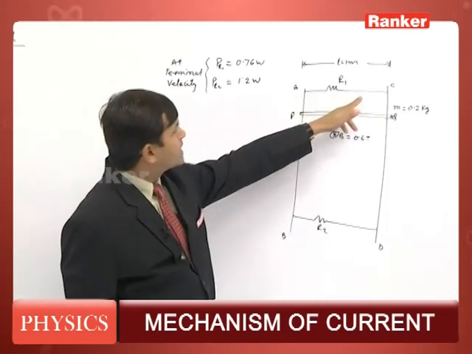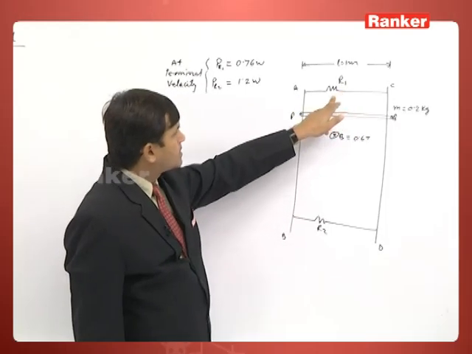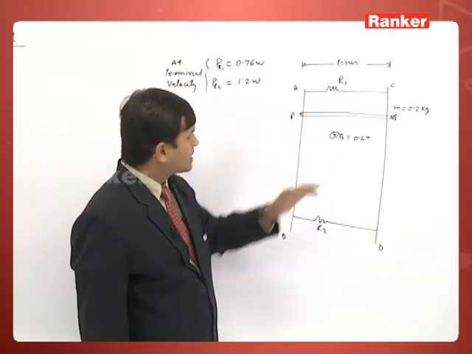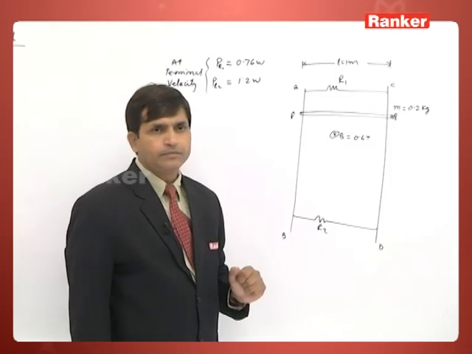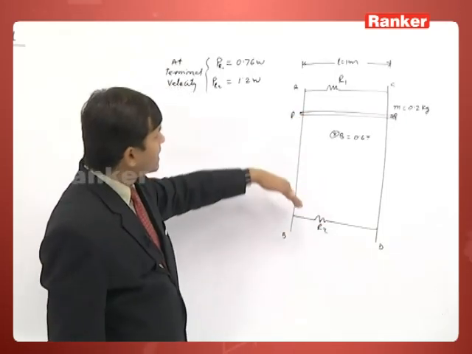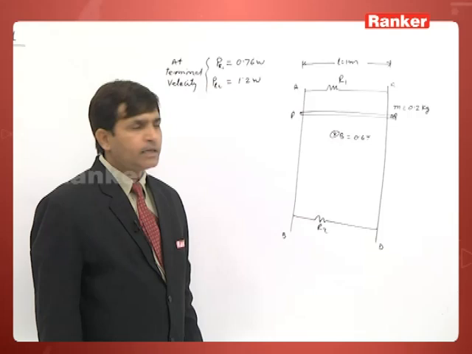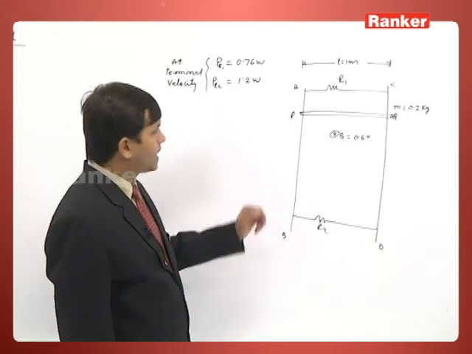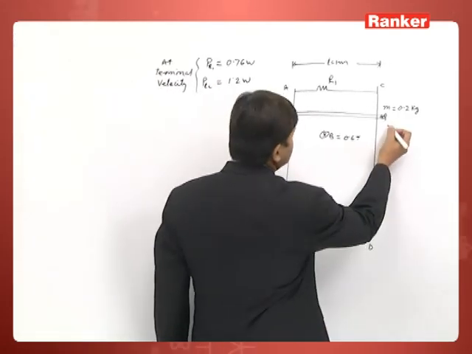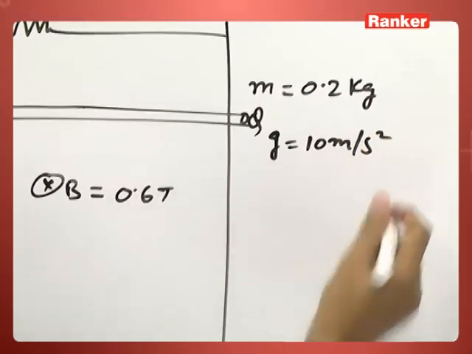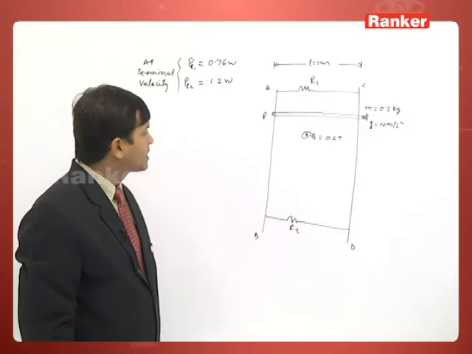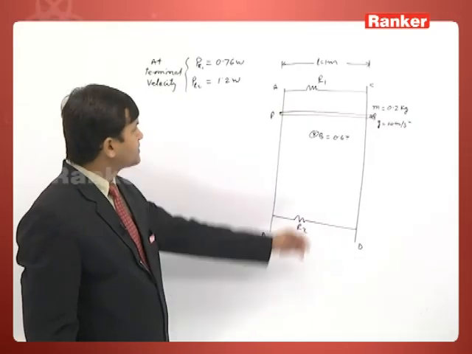One end of the rails is short circuited by resistance R1 and the other end by resistance R2. The whole system is kept in a vertical plane under gravity, and you can take the g value as 10 meters per second squared. It is under gravity. So what is the question here?